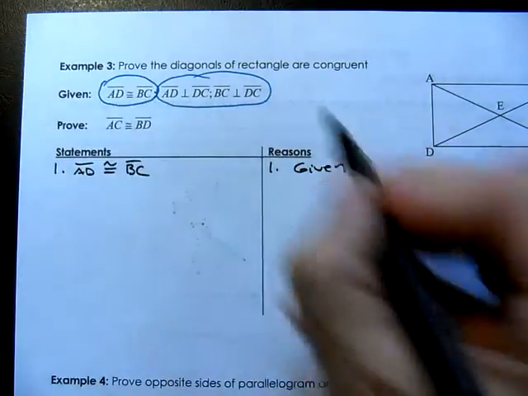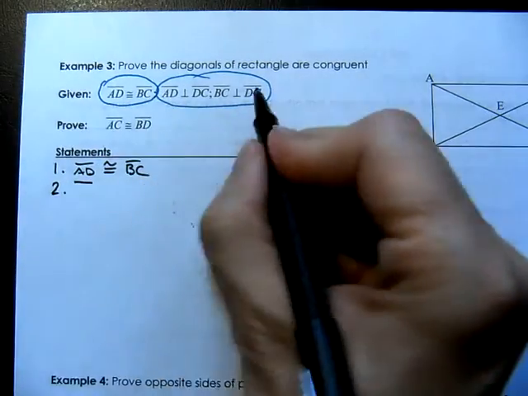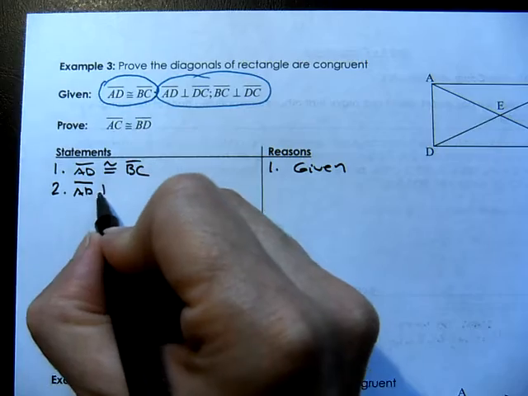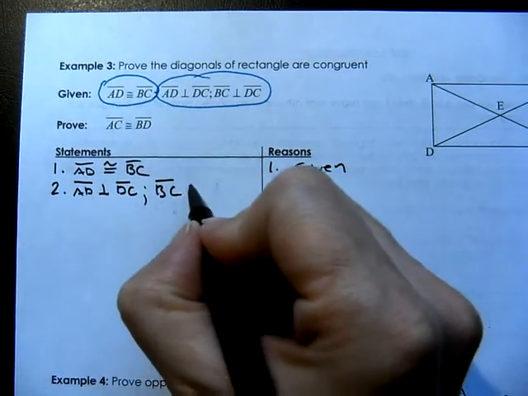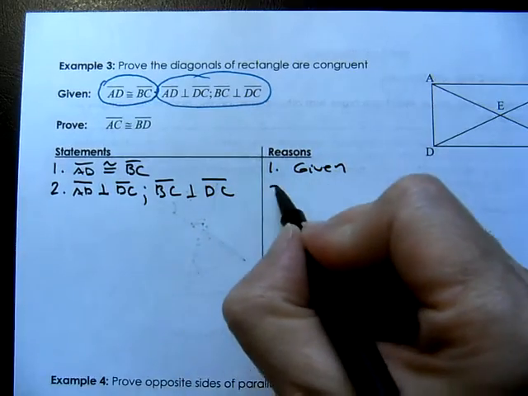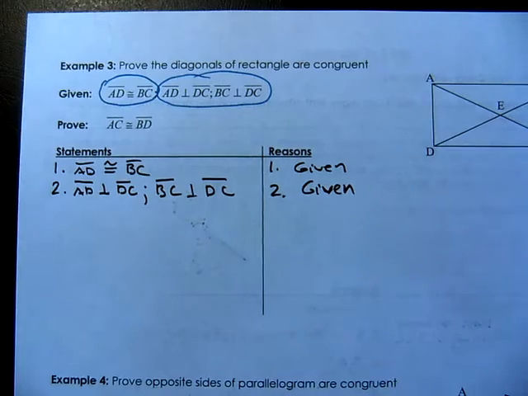Again, we could put all of this on one line, and that's totally fine, but I just want to split them up. Here is segment AD perpendicular with segment DC, segment BC perpendicular with segment DC, also given. Like I said, we could have just put that on one line, but we need to mark that up so we can keep track of what we know on our diagram.